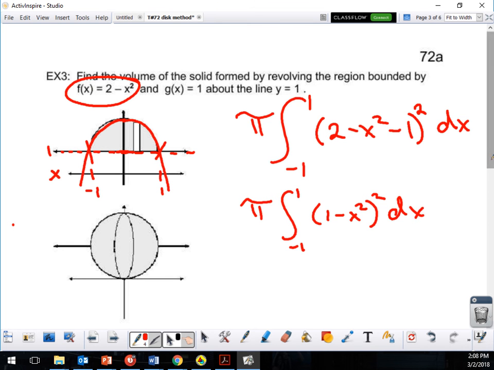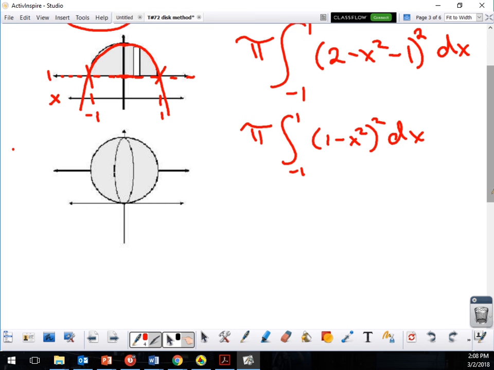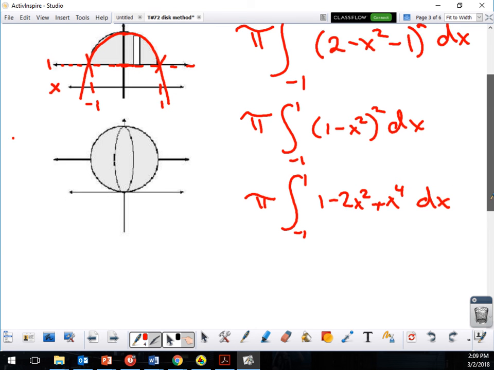So now let's see what we get. It's going to be pi, but I have to do this first: expand it first. Pi, from negative 1 to 1, and that's going to be 1 minus 2x squared plus x to the fourth, dx.